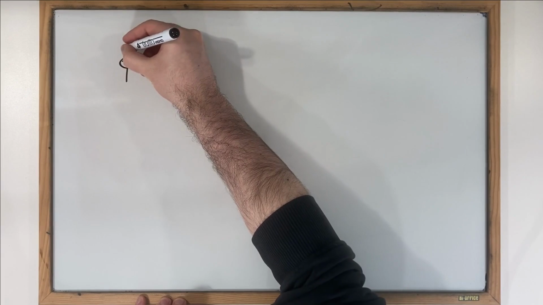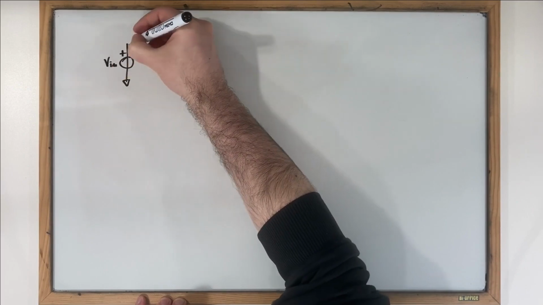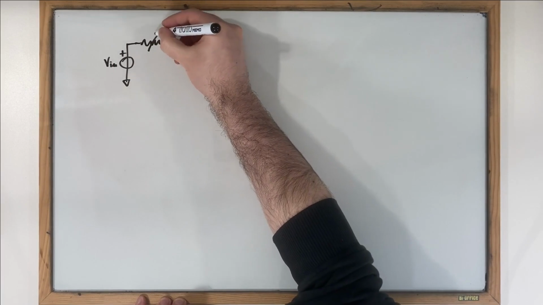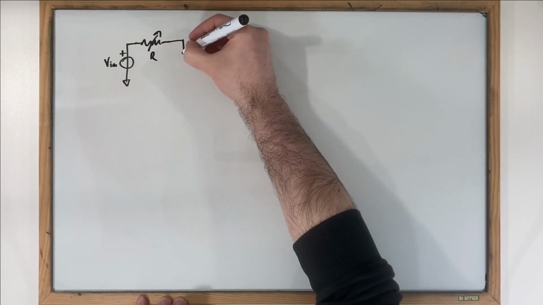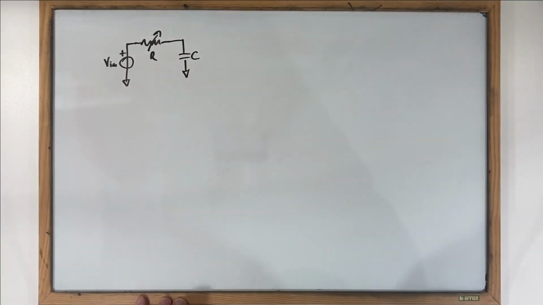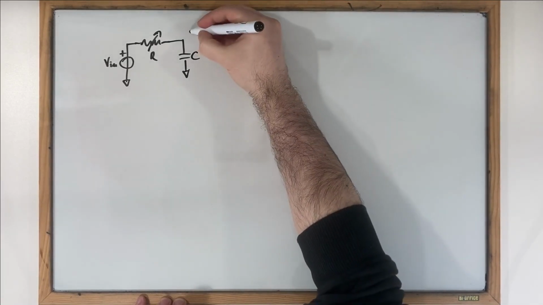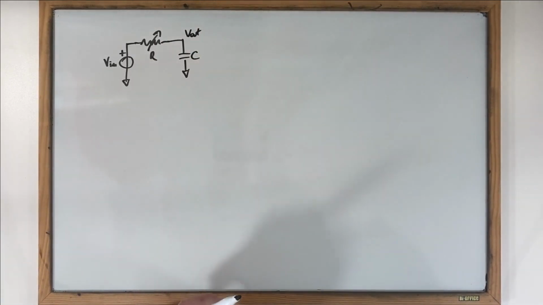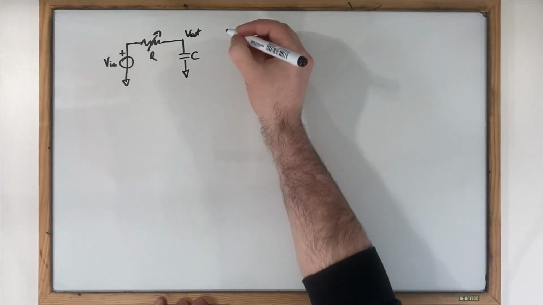We have a voltage generator, which is our input to the system, which we will call Vin, a variable resistance or potentiometer, whose value we will refer to as R, and a capacitor, which is connected to ground and whose value we will refer to as C. Then we will call Vout the node between the resistor and the capacitor, and that is where we will take our output signal in terms of voltage.